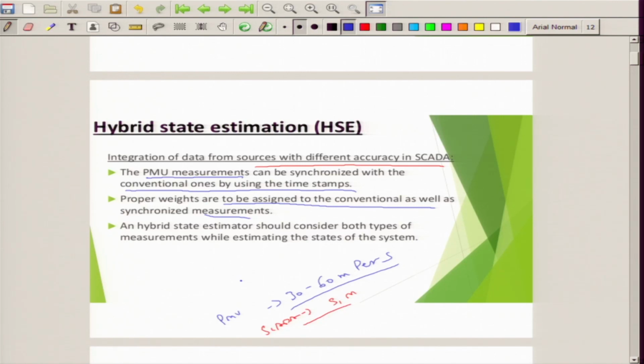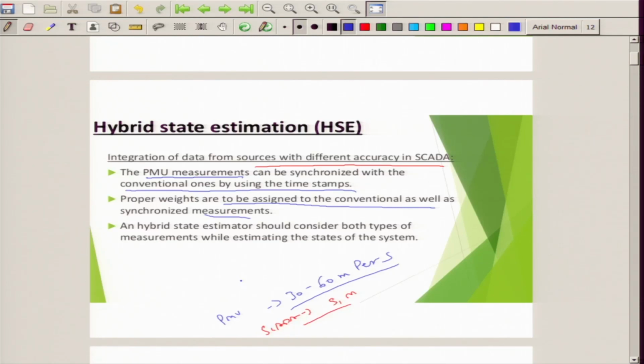You cannot assign the same weight to both of them. In that case, the PMU data would overweigh the measured data from SCADA. And hybrid state estimation should consider both types of measurements while estimating the states of the system, because you cannot have PMUs all over the distribution system because of its high cost.